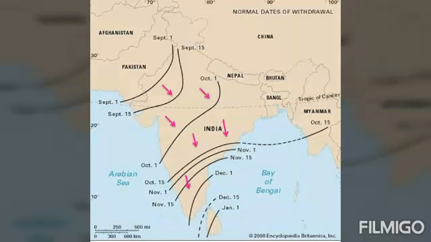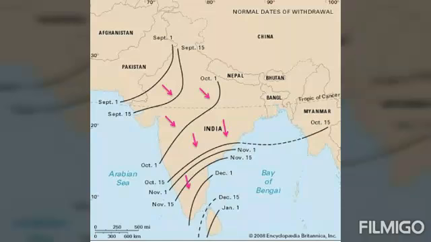And in the southern part of India, mostly the Coromandel coast, meaning Tamil Nadu, the given date is December 1. So we can say that the southwest monsoon starts retreating from northern India in early October and it ends in November. Hence the months of October and November are known for the retreating monsoon season.